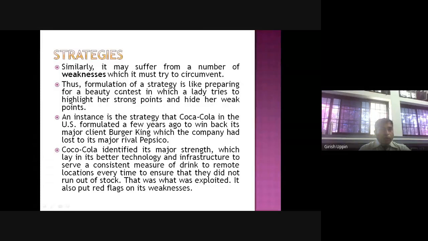Similarly, it may suffer from a number of weaknesses, which it must try to circumvent. So you have to identify strengths as well as weaknesses. When we are doing it on an individual level, most of the time we focus on the weaknesses, not the strengths. Let us say you do a SWOT analysis for yourself. If I ask you what your weaknesses are, you come up with a big list.